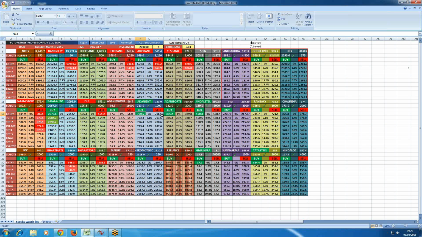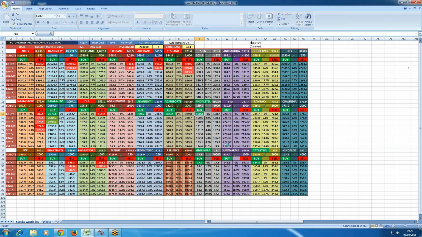So it's going to be almost green in the Adani pack because we have some positive news on Adani Group. So pairing a particular group or a particular company is also a good idea.